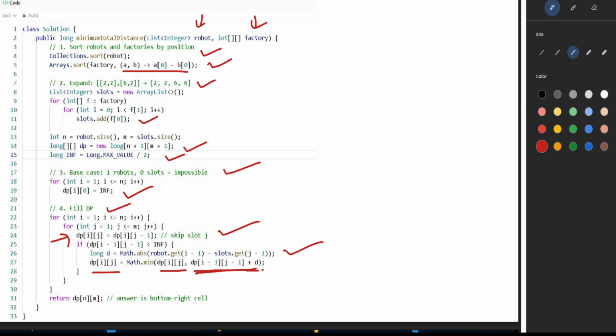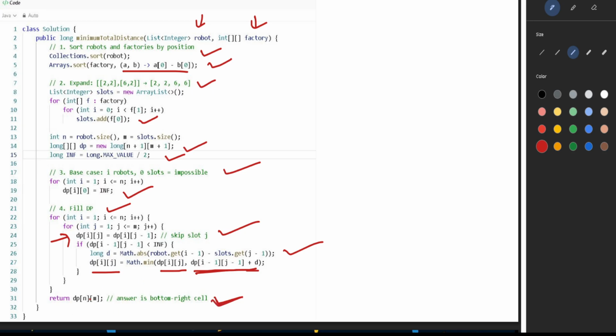If the distance coming is smaller than the current one, we will update it. Otherwise we keep moving ahead, and dp[n][m] contains the minimum total distance, as we have seen at each step.